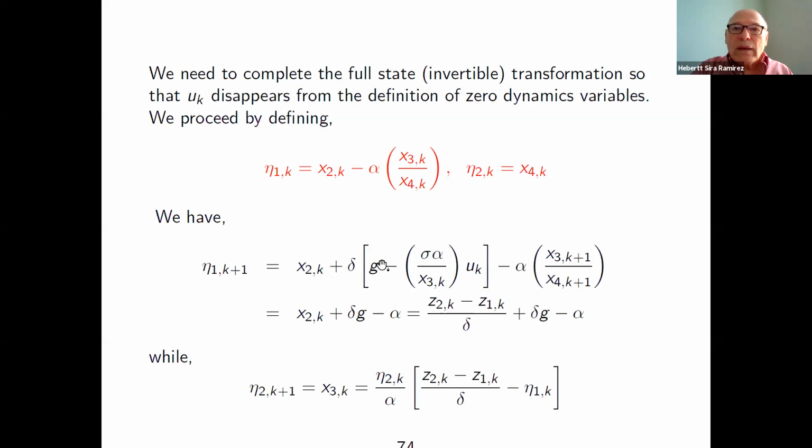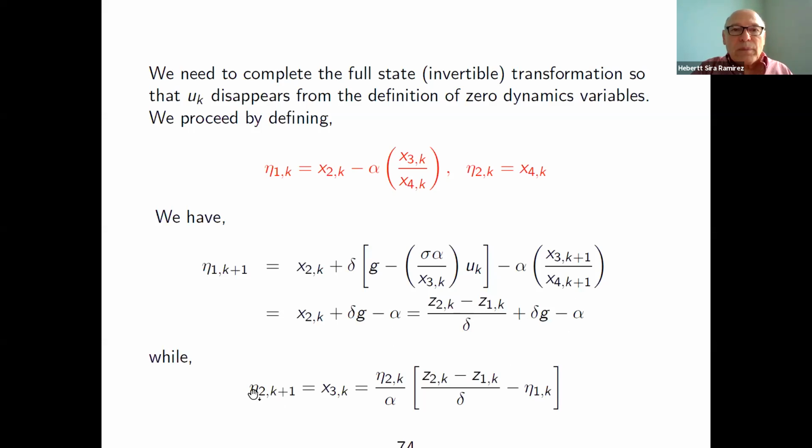So when we incorporate the presence of this extra variable, now we can write the equation for eta 1 and eta 2. Eta 1 is just a function of the linearizable states and some constants, delta and the gravity and alpha, which is the velocity of the gases being expelled by the spacecraft.